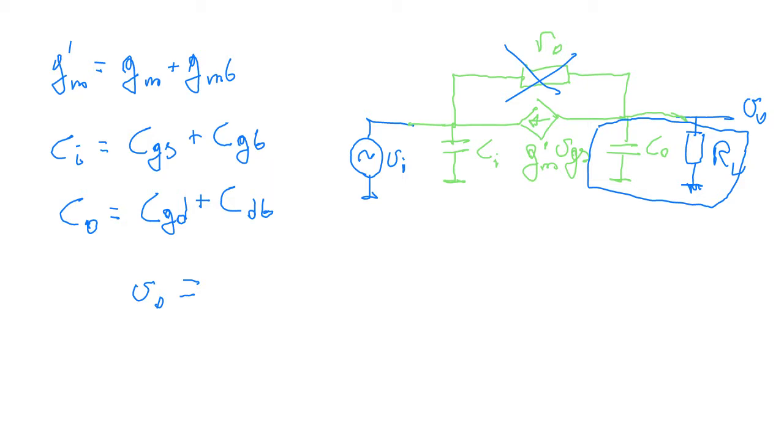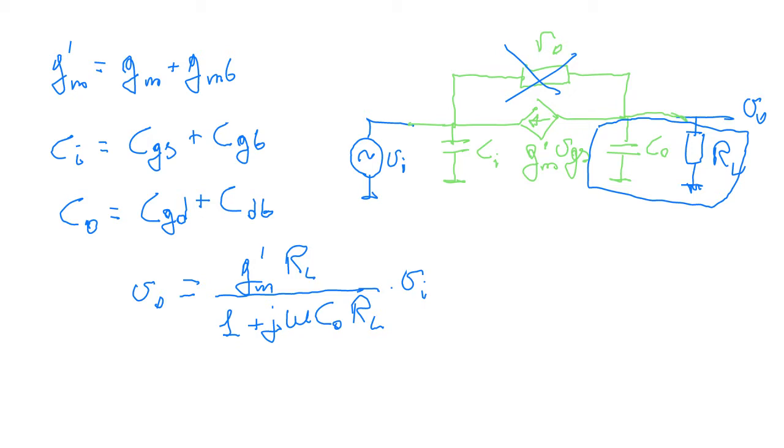So the output, in this case, is going to be Gm prime multiplied by the output resistance over 1 plus the output capacitance term. It's just the current multiplied by the output impedance, so it's not complex.